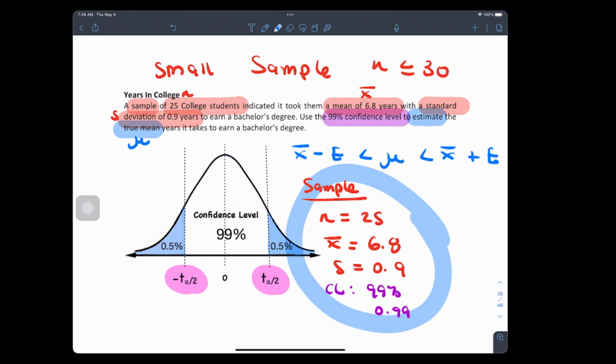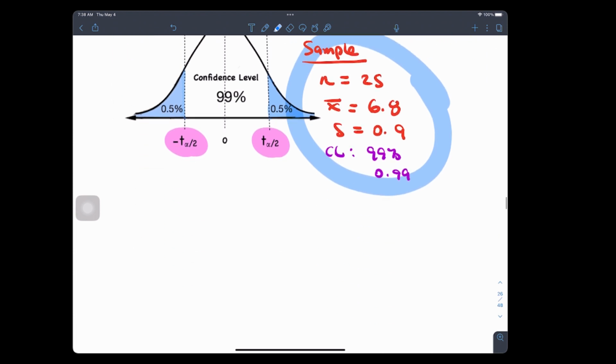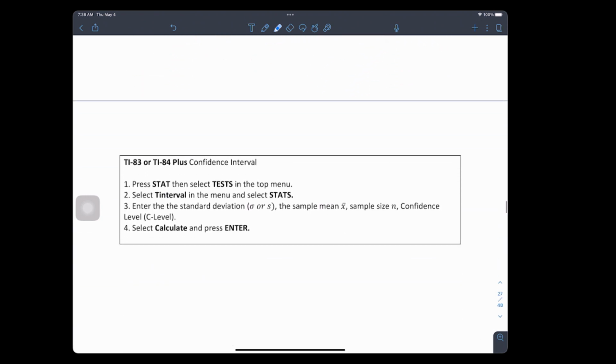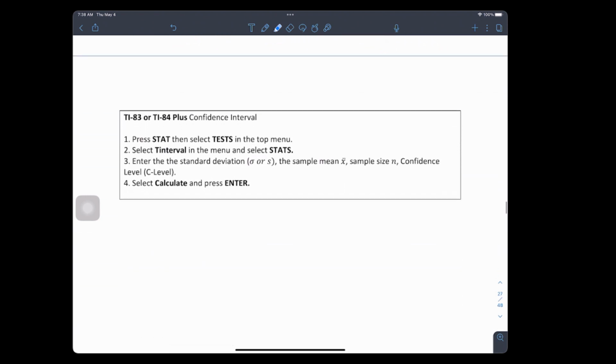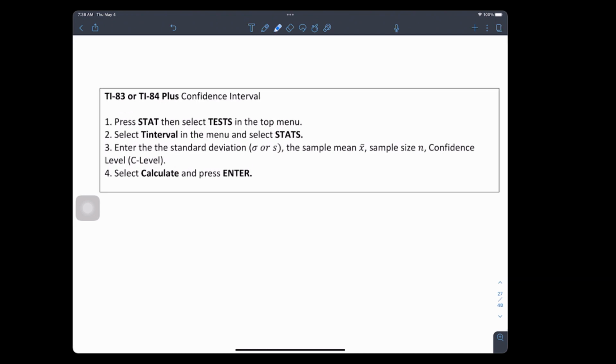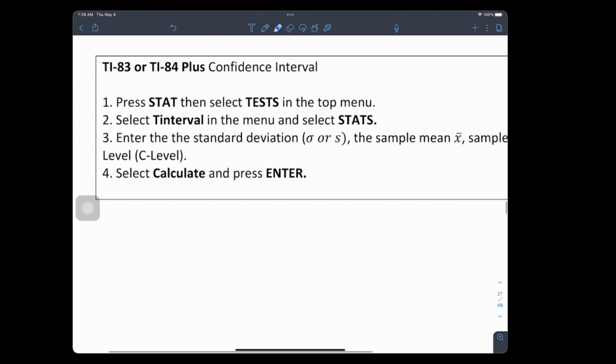So what you learned today, ladies and gentlemen, believe it or not, is that it's not going to be using the T table. It's going to be using the TI calculator. You're going to say, wow. What are we going to use today?